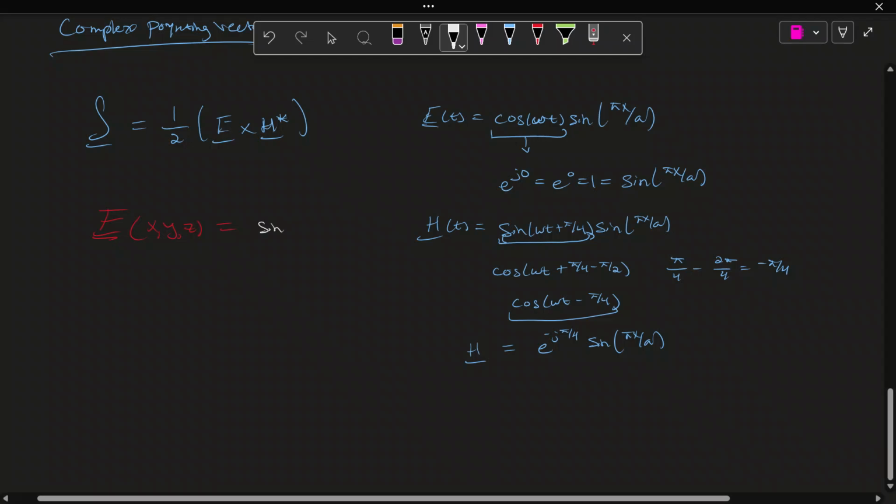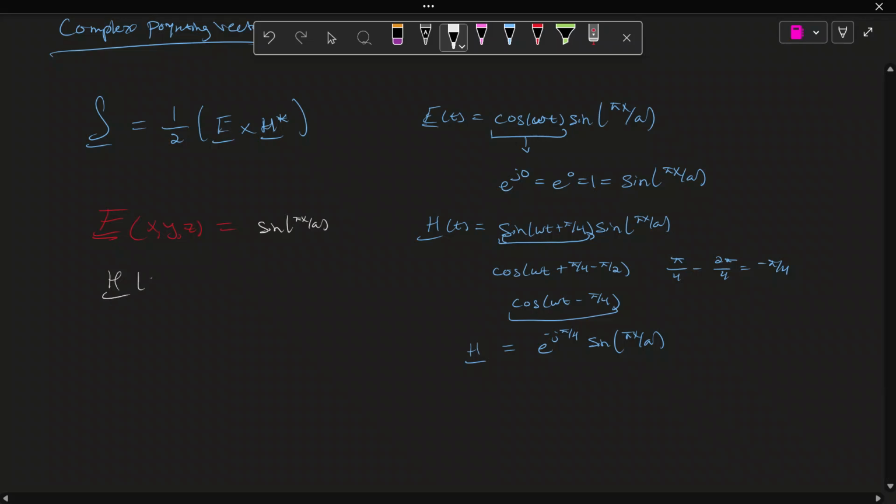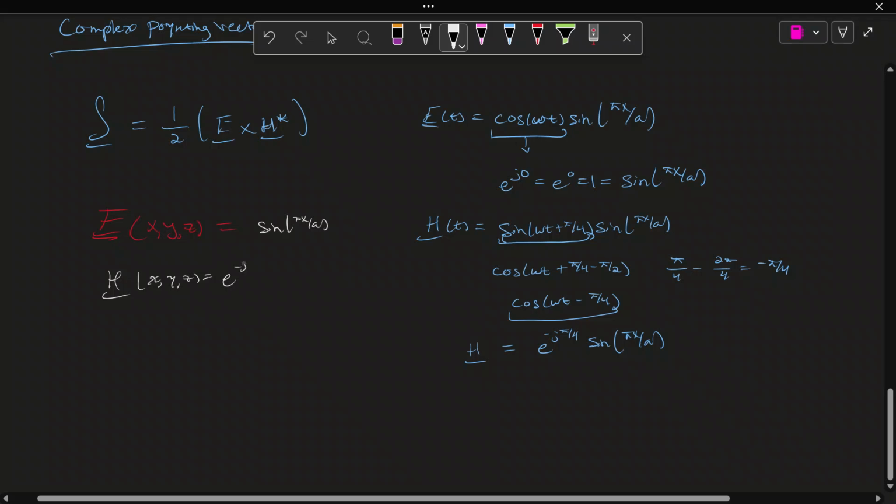H of x, y, z is equal to e to the negative j pi over 4 sine of pi x over a. And now we have to take the conjugate. H conjugate is equal to e to the j pi over 4 sine of pi x over a.